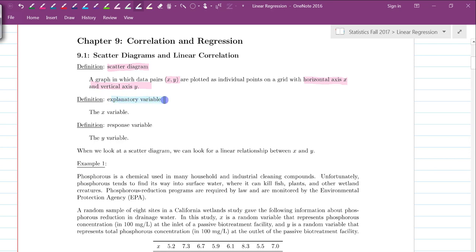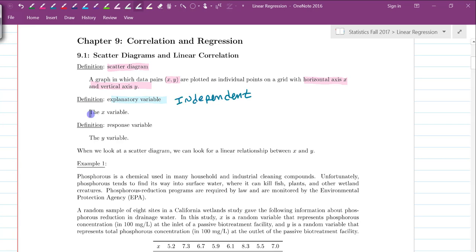Then we have an explanatory variable. This is your independent variable. The independent variable is the x variable. So whenever we're talking about x in linear regression, that is your independent variable.